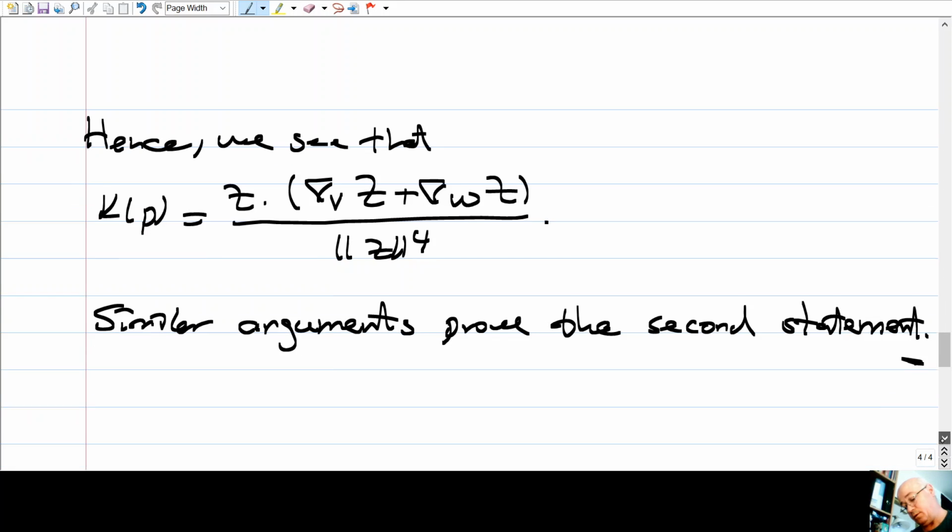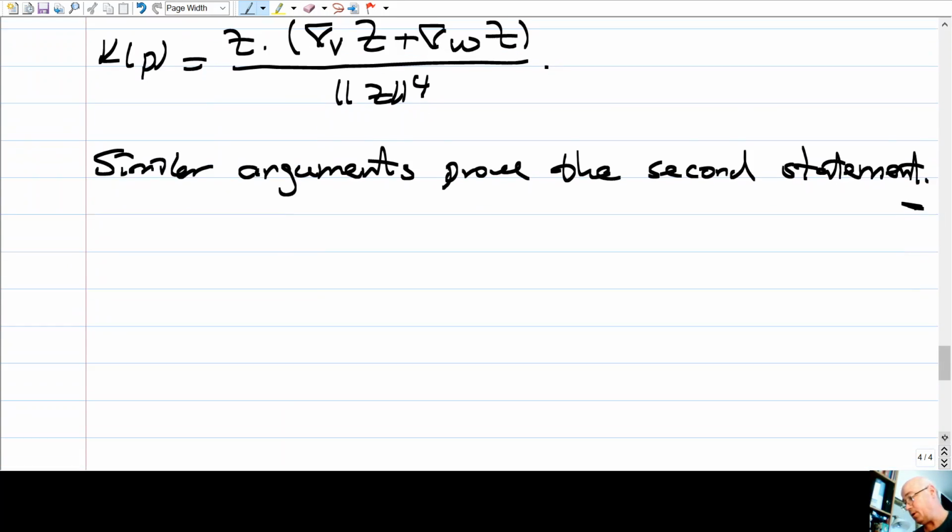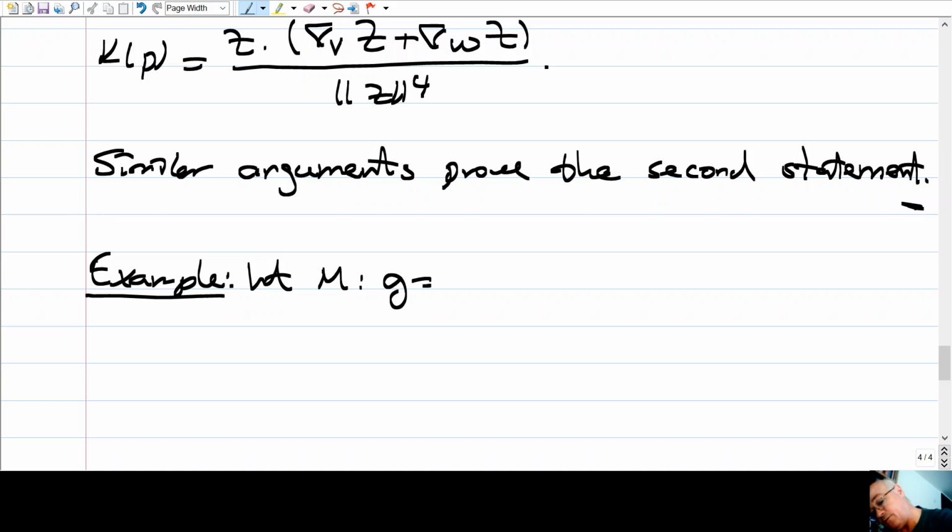Here we have some examples. Actually, we have one example. Okay, so let M be the surface defined by this equation equals 1.